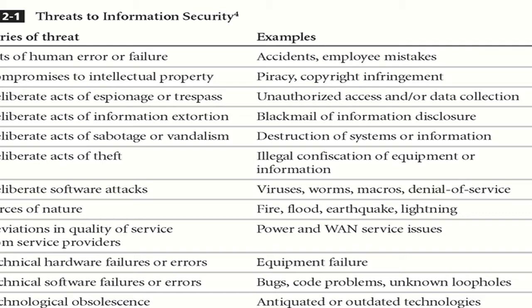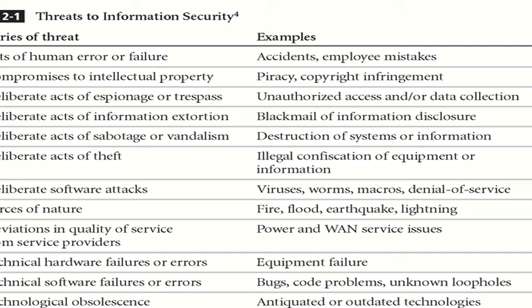We also have deliberate software attacks. Deliberate software attacks usually make use of malicious code or malware, and these software attacks might make use of viruses, worms, macros, or denial of service.